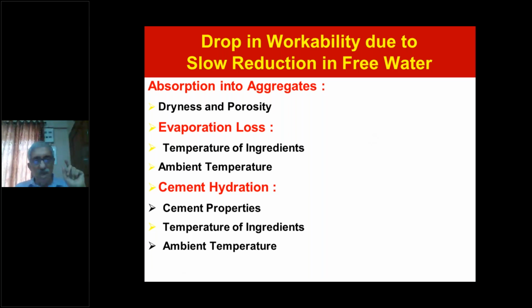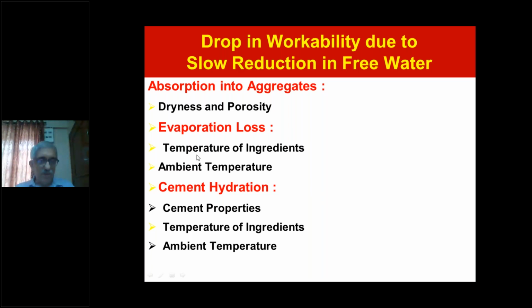Mind you, whatever goes into the aggregate will not change your water to cement ratio. This is very important to understand. Only whatever is on the surface of the aggregate, you have to measure the surface moisture content and decide how much water to add or less water to add in the mixer.